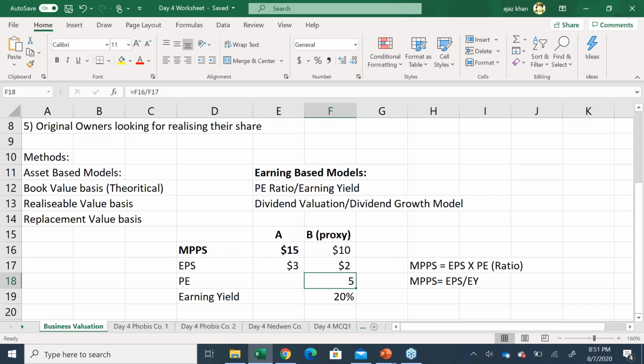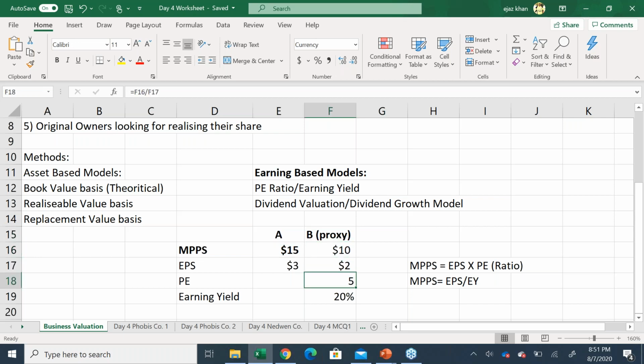Well, there is no standard answer to this question. Sir, can we still use the PE ratio of a listed company to value an unlisted company? We do not have any other way out. We have to do it, but we have to apply a degree of caution.